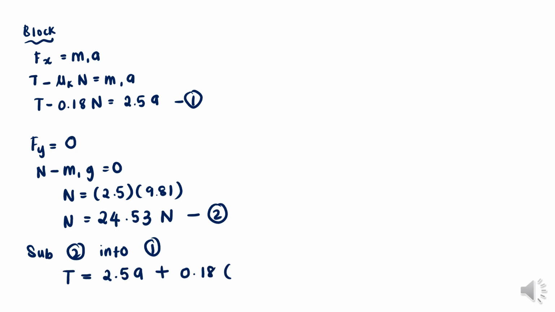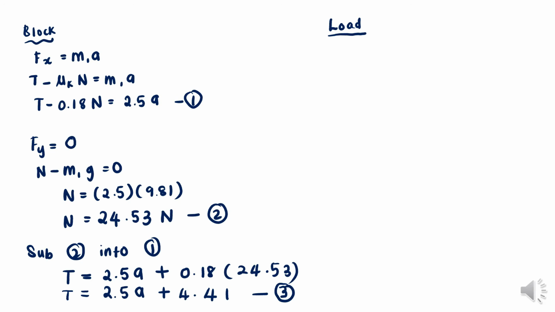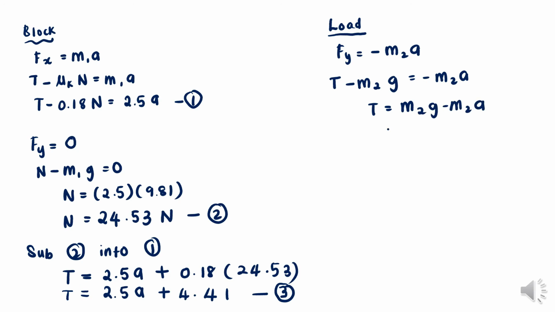Substitute equation 2 into 1, so we get tension equal to 2.5a plus 4.41, equation 3. That is for the block. Next we look at the load. For the load, Fy equals negative m2a, so T minus m2g equals negative m2a. So tension equals 2 times 9.81 minus 2a, the fourth equation.